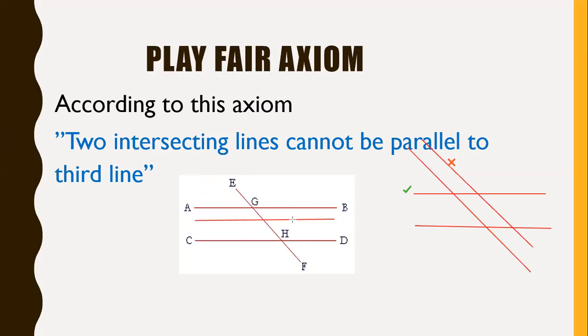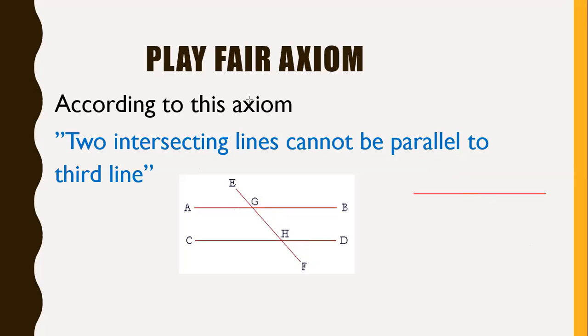It is parallel to AB, but not parallel to EF. So what can I do? I can draw one more parallel line. Now, this line is parallel to EF, but it is not parallel to AB. That means it's simply not possible for us to draw a line that is parallel to two intersecting lines.